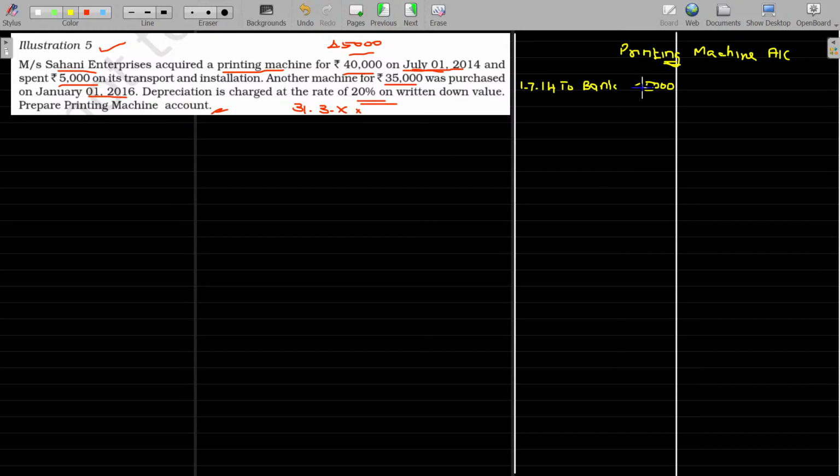This year gets over on 31st March 2015. I have to provide depreciation by depreciation. The depreciation here being on 45,000, and applicable rate of depreciation here being 20%. Number of months eligible for depreciation from the date of purchase, 1st July to 31st March, we have 9 months, so you have to calculate the depreciation for the 9 months. This value being 6,750. Am I right?